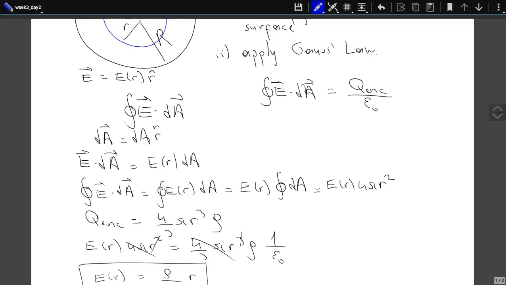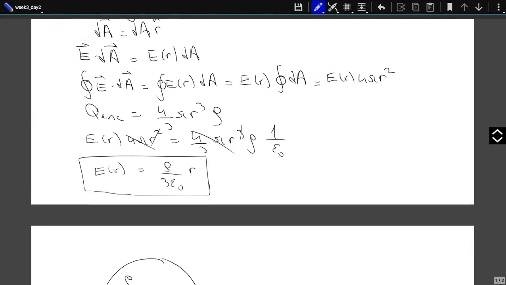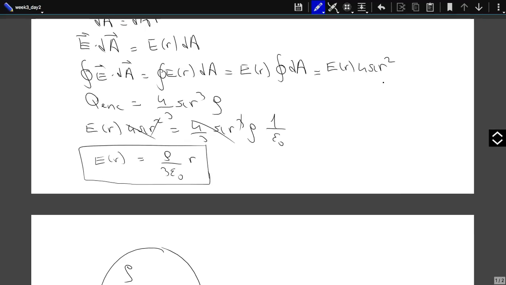The only thing that will change is the enclosed charge. Now, since all the charge is enclosed, what will be the enclosed charge? Volume times rho. Volume is 4/3 pi capital R cubed. So I will take this one, E of r times 4 pi r squared.